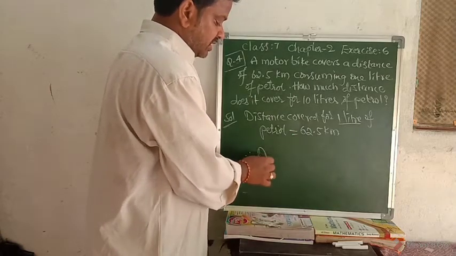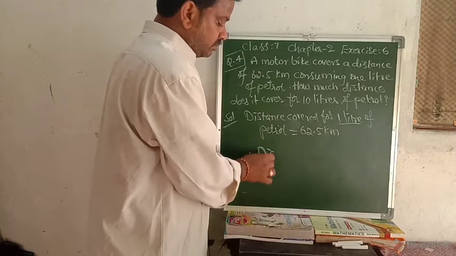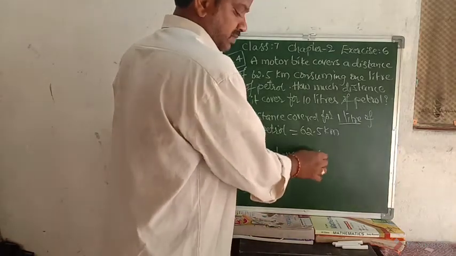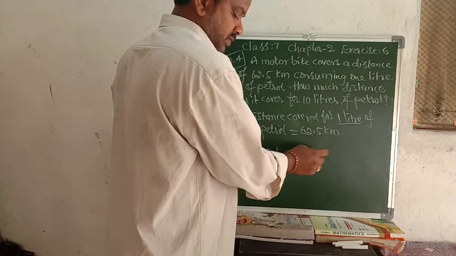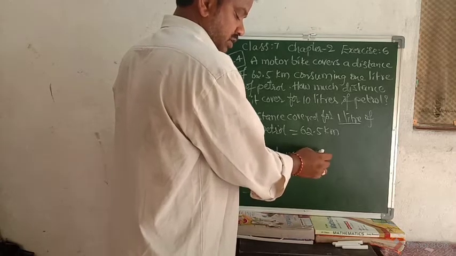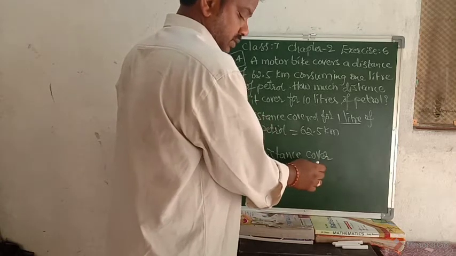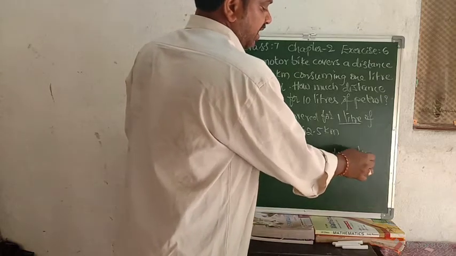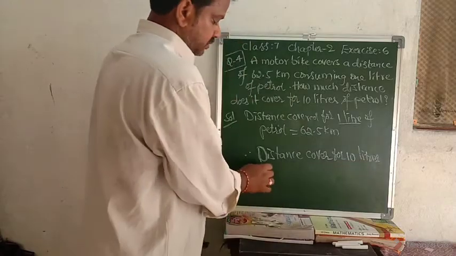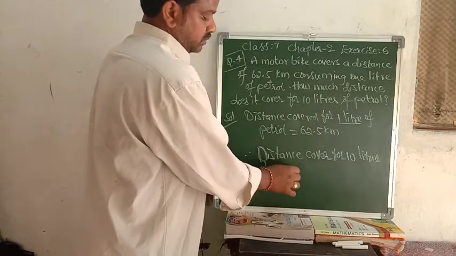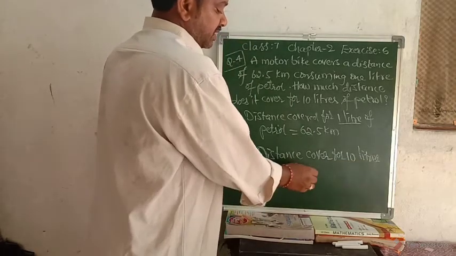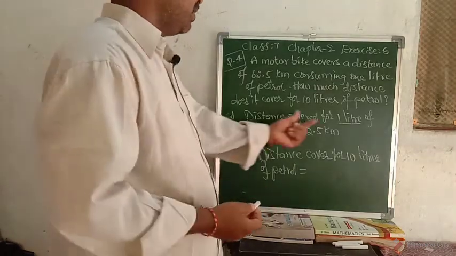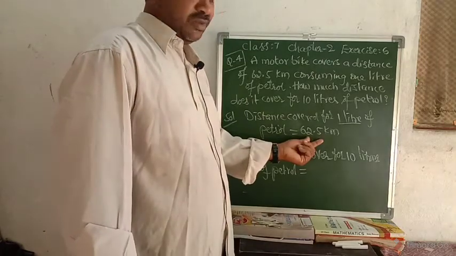Therefore, distance covered for 10 liters of petrol is equal to... How to find it? 1 liter is 62.5 kilometers, you know.